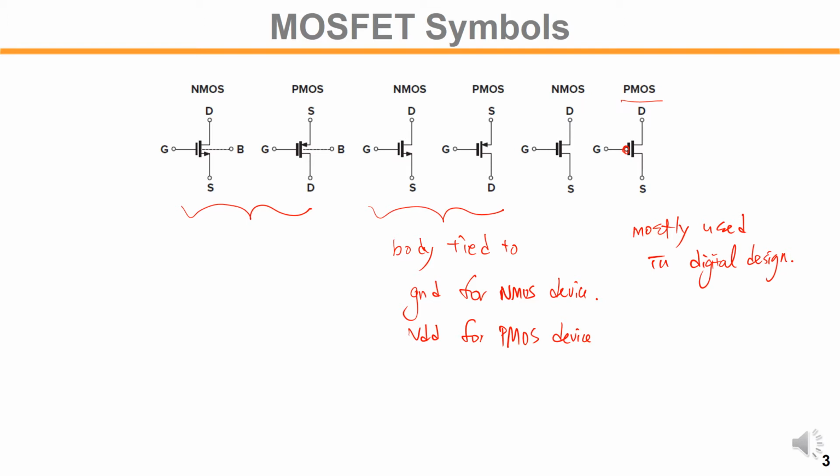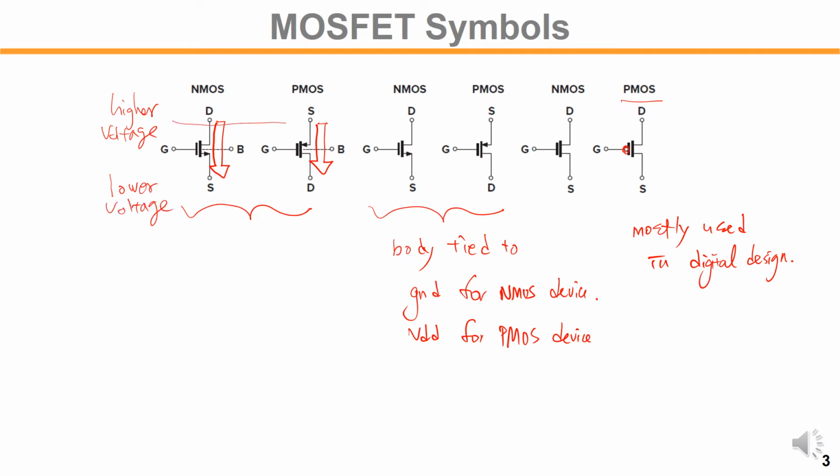The thing that you have to really understand is that the drain and source are determined by the current direction, right? For NMOS, current flows from drain to source, and for PMOS, current flows from source to drain. So this is a higher voltage, a lower voltage.